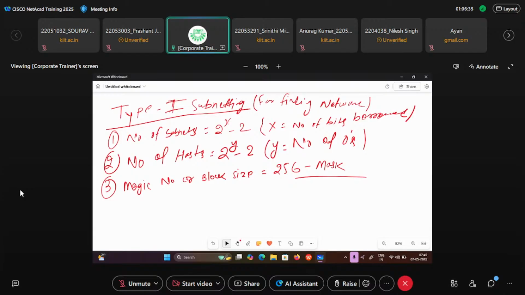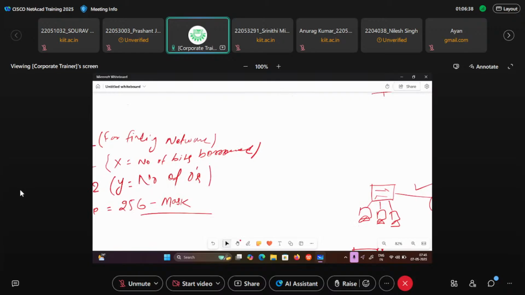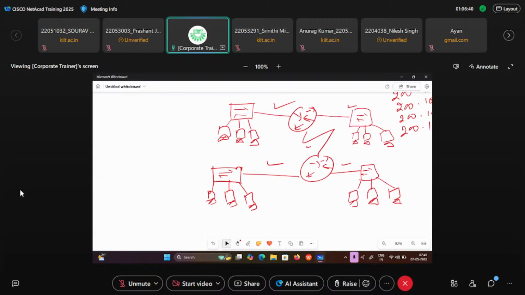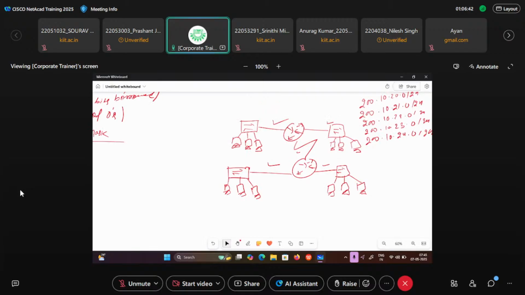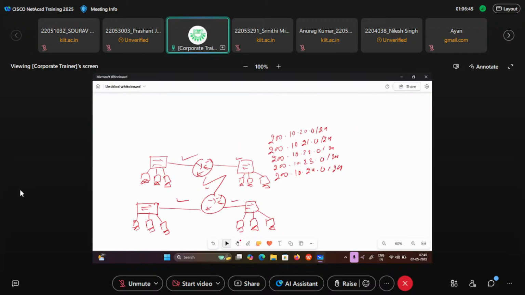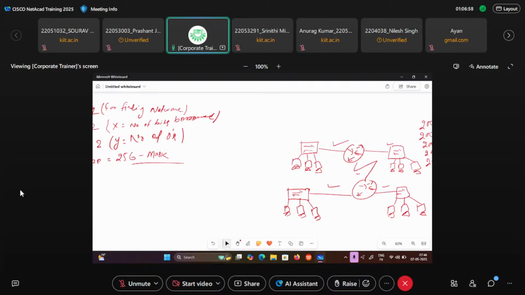Okay, so let's take an example where we have a requirement of 5 networks, like the one example I gave before. I hope you have seen how many networks are required. We require 5 networks, right? Because if you use these 5 networks without subnetting, the IPs I have already written are 200.10.20.0, 21, 22, 23, 24. So in this topology we basically require 5 networks.